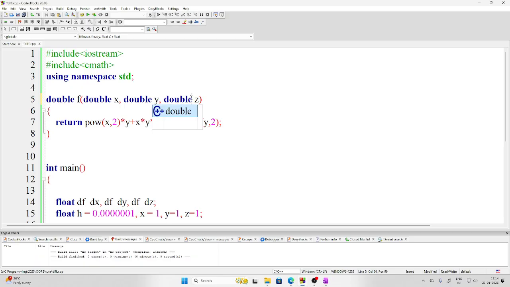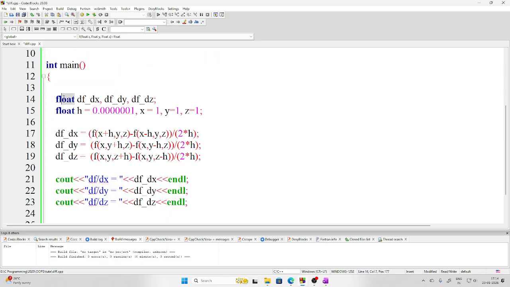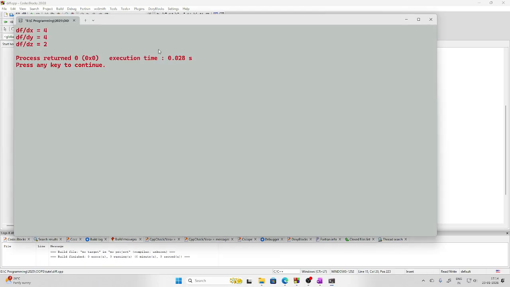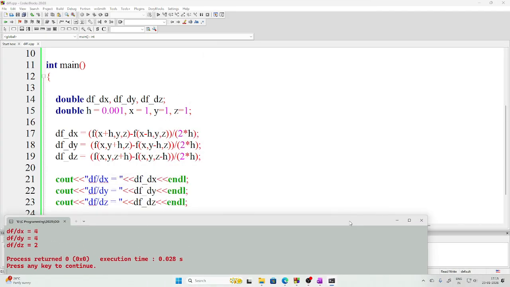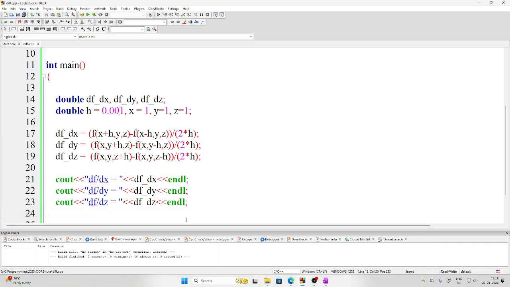Let us copy this, and here also make it double, and here also make it double, then the precision increases a lot. And now if you run it, you will be able to see that you are getting exact answers as 4, 4, 2.